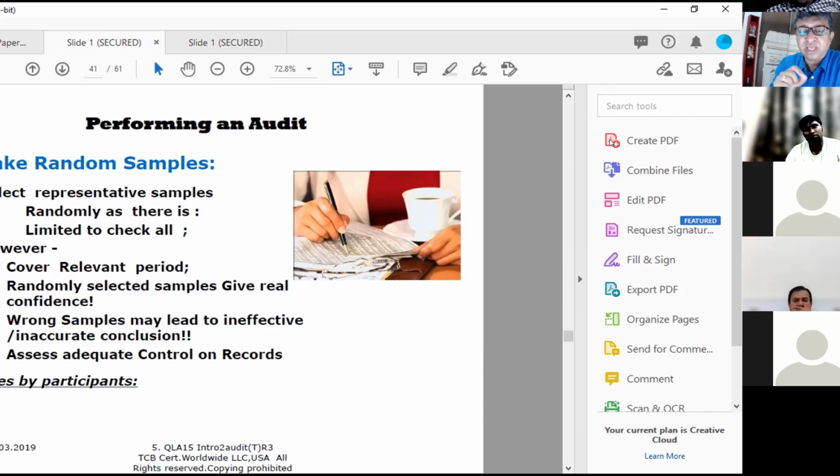So if you take two samples and both the samples are okay, do you feel these two are good? I know that these two are good, but I don't know how the others would be. You get a very high level of confidence, even though you're taking two samples.